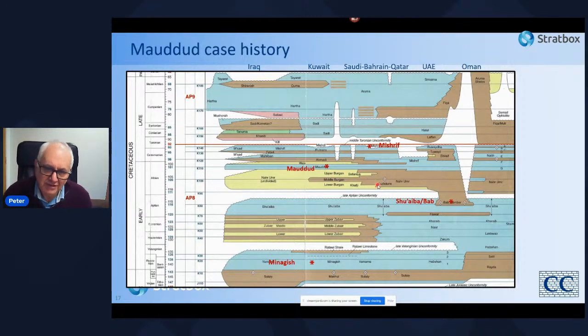And I want to look at one of these, the carbonate reservoir in a mixed clastic-carbonate sequence, which will be the Mauddud of mid to late Albian age. And we'll be looking at the K110 flooding surface and the associated sedimentary sequence.